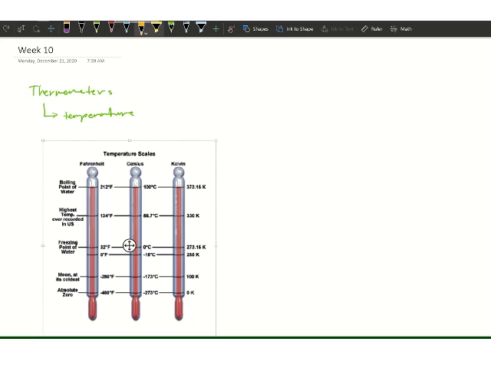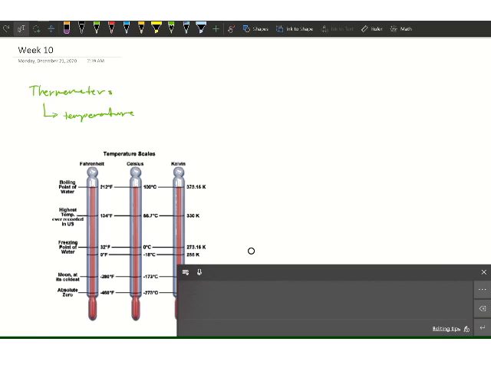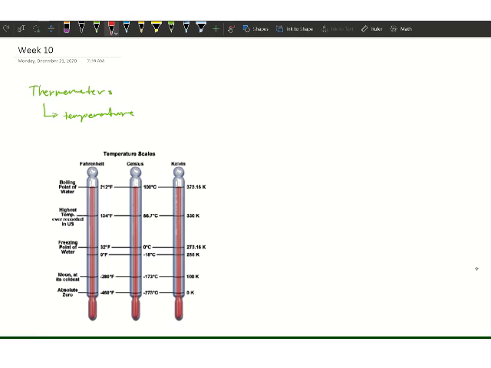If you look closely here, at 0 degree Celsius the ice starts freezing, and at 100 degrees Celsius the water starts boiling. That is the reference the person who invented the Celsius scale aimed for.